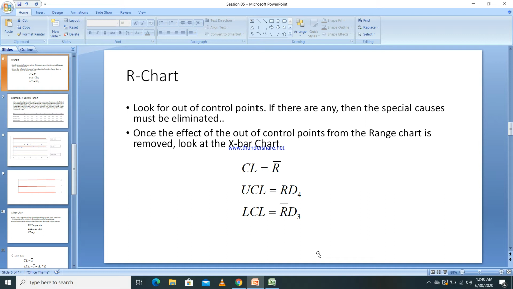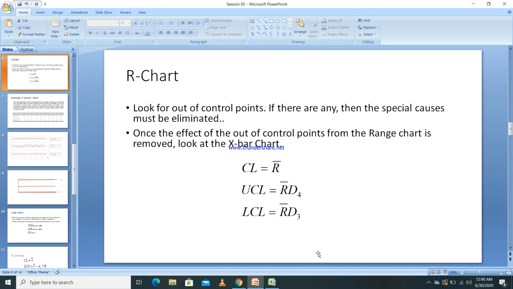And then you have the upper control limit. That is, you take the average range value and multiply it by D4. Then the lower control limit, LCL, is the average of the range values multiplied by D3.